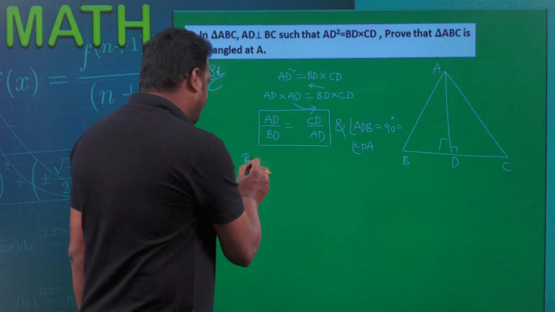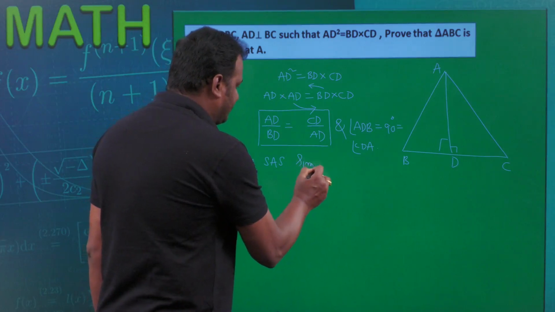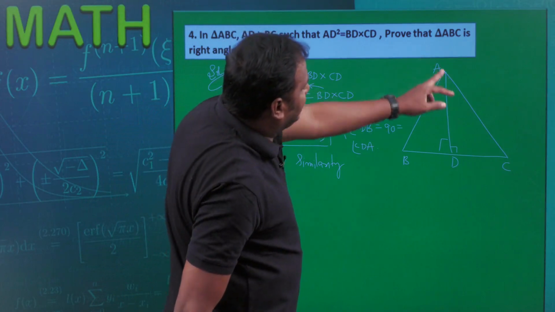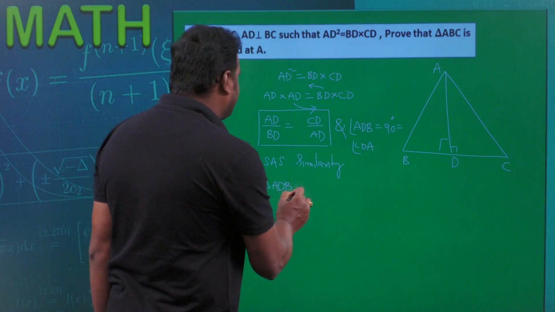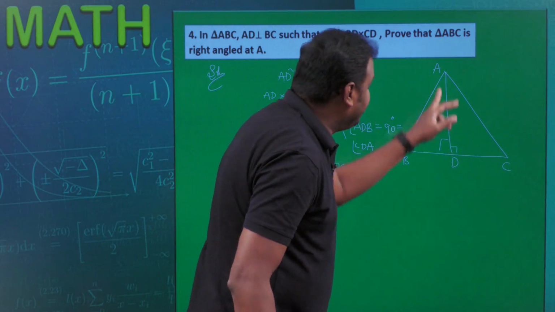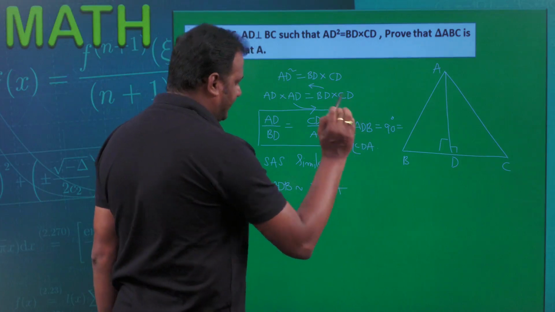Therefore, by SAS similarity, we can say that triangle ADB is similar to triangle CDA.